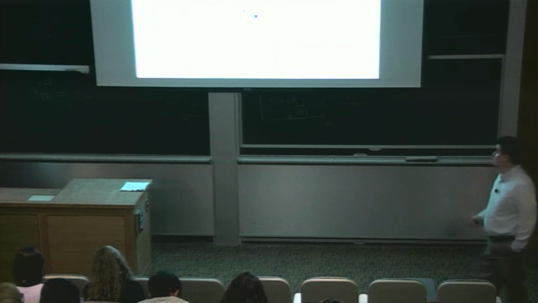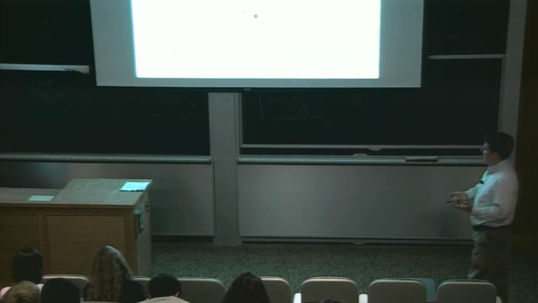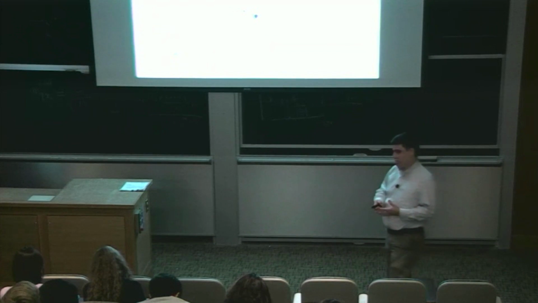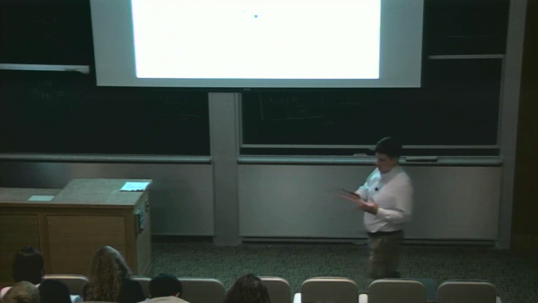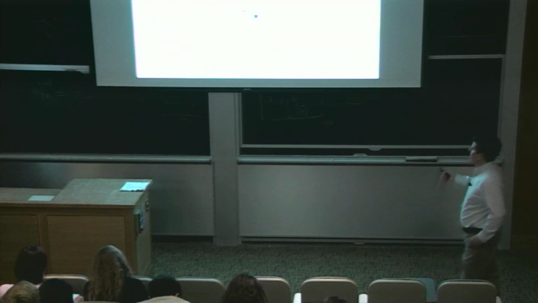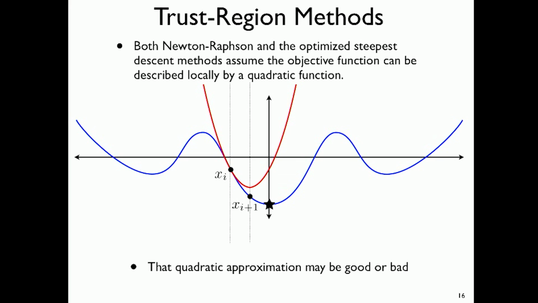Okay. So they're both interesting methods and they can be mixed together. And the way you mix those is with what's called trust region ideas. Because it could be that we've got an iteration x_i, right? And we do a quadratic approximation to our functional, which is this blue curve. Our quadratic approximation is this red one.